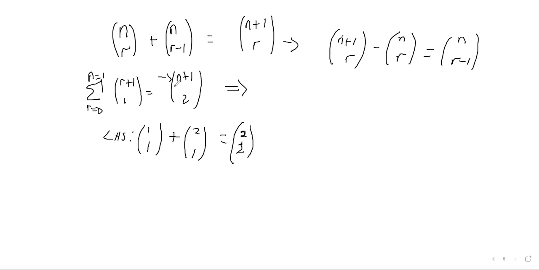If we replace n to be equal to 1, then we'll get 2, which we can try to write as 2 minus 1 to give us 2. Does it make sense?